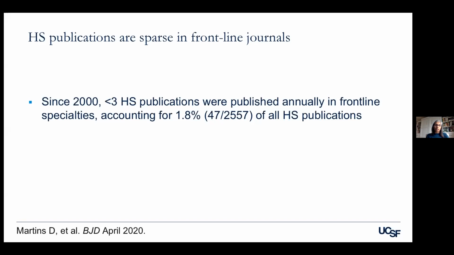So really, we have a lot of work to do, both in terms of improving access for HS patients into dermatology and improving education for frontline providers around this disease, so that we can make sure that the disease is being diagnosed in a timely manner and that patients are being referred in to see us once first-line therapy has been administered for these patients and when therapy needs to be escalated.